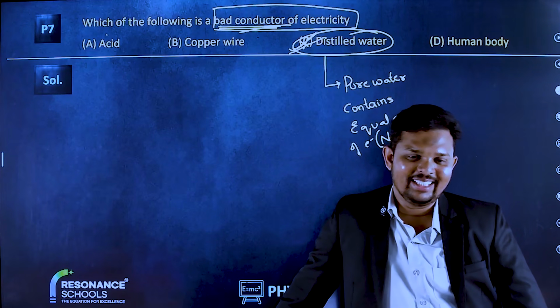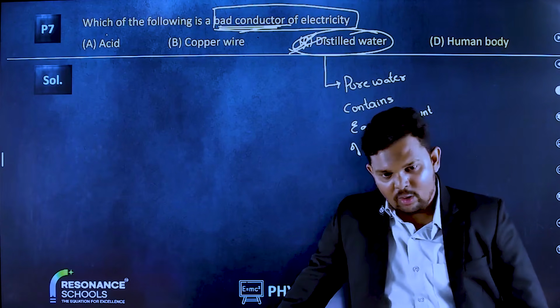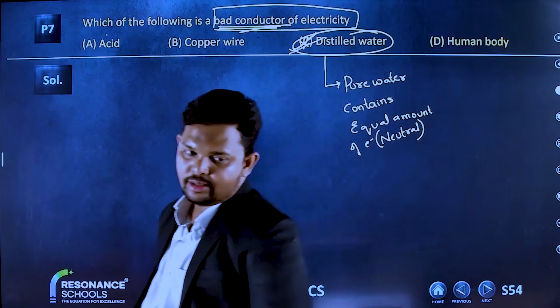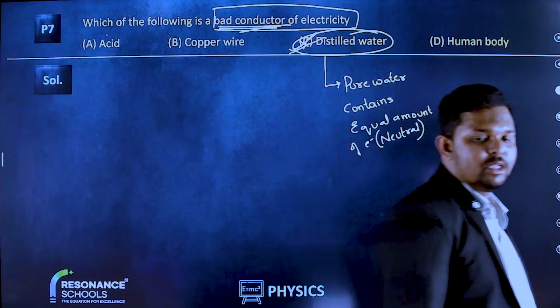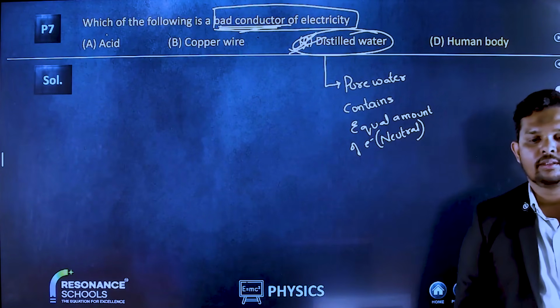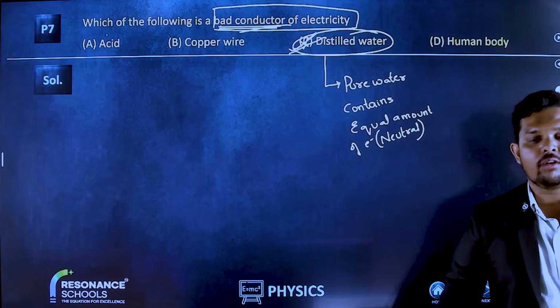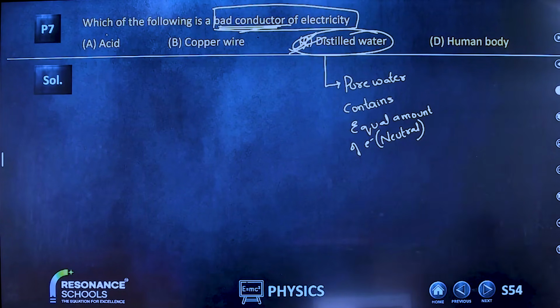No one. Okay. So basically, how does a person get a shock? By transferring of electrons, yes or no?